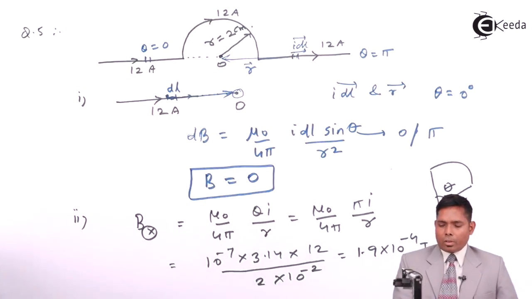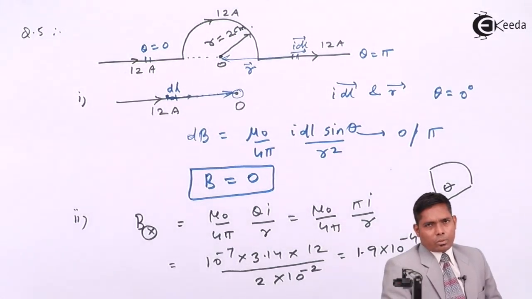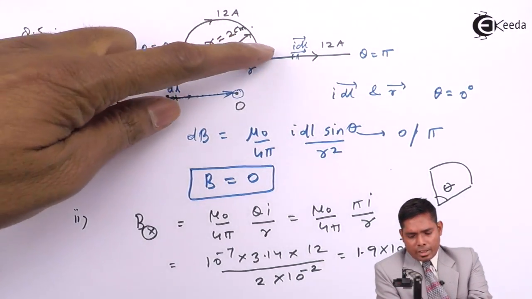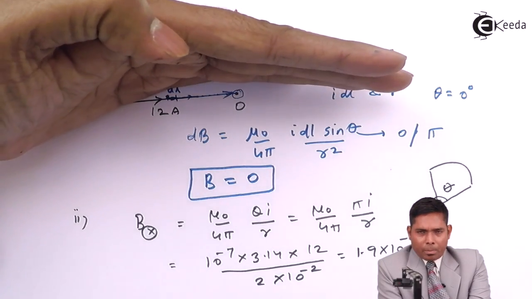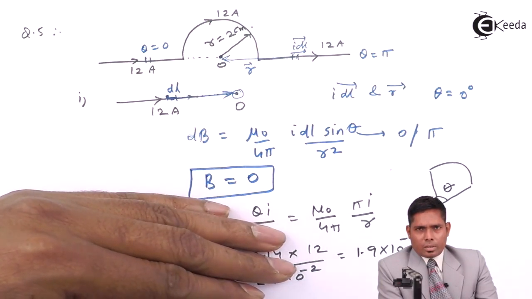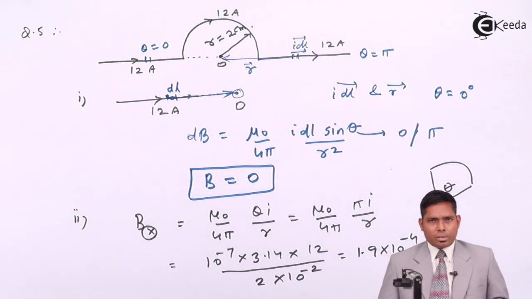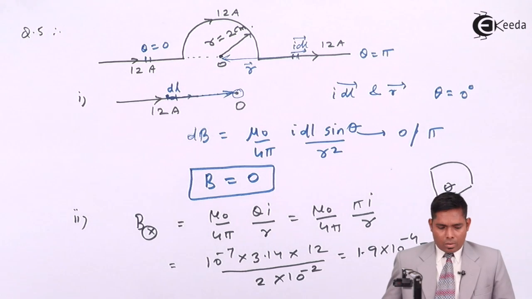In that case, the field will be pointing out. So basically, there is no difference in the magnitude of the magnetic field that you will get if the semicircle lies on this side of the straight part of the conductor or on the other side. There is no change in the magnitude, only the direction will get reversed. Okay. Thank you.